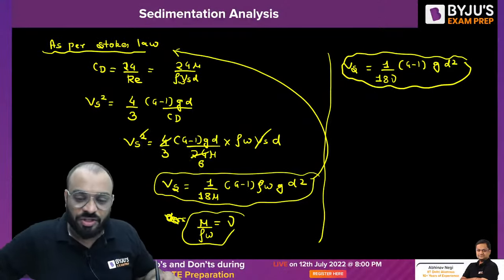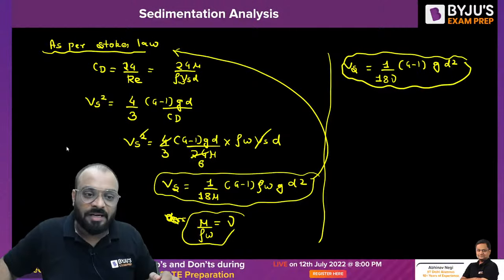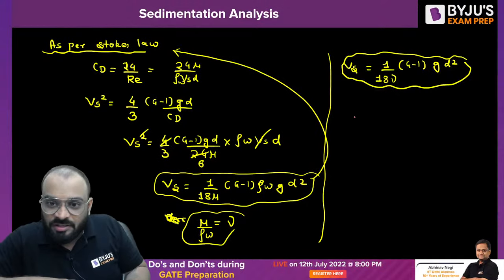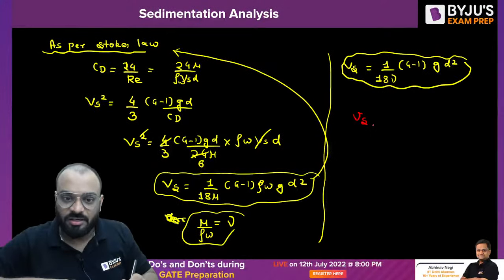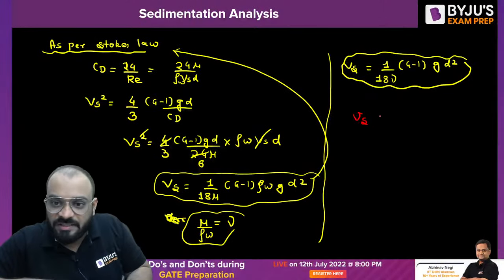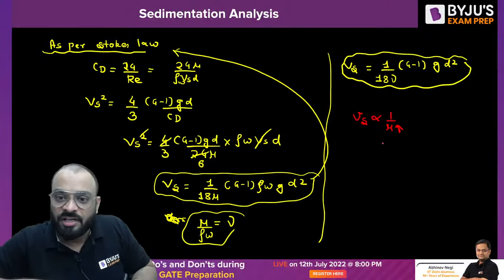Now tell me guys, quickly, the settling velocity of particle will depend upon dynamic viscosity. As per the expression, the settling velocity of particle depends upon the density as well as the viscosity of fluid. You can see here guys, it is inversely proportional to the viscosity. If you have more viscosity in the fluid, then the settling velocity of particle will be lesser.